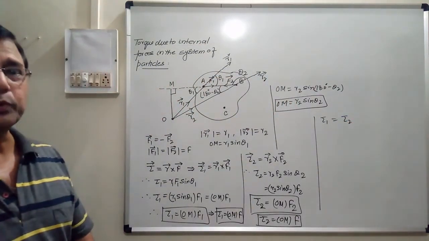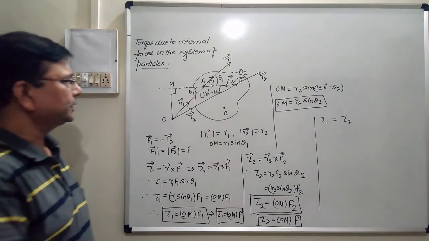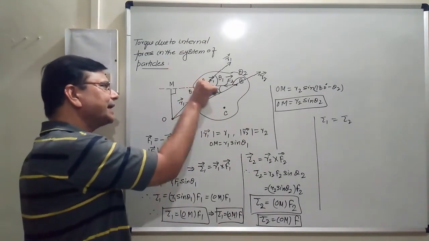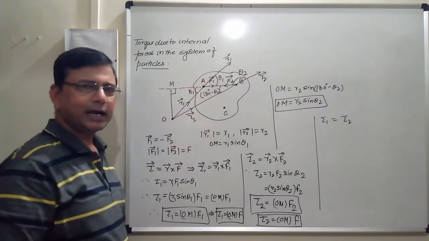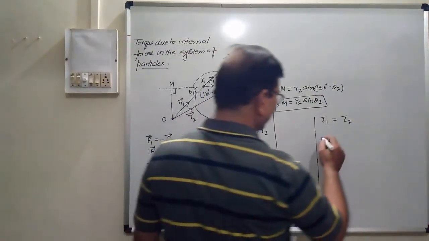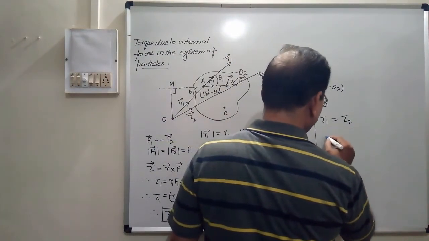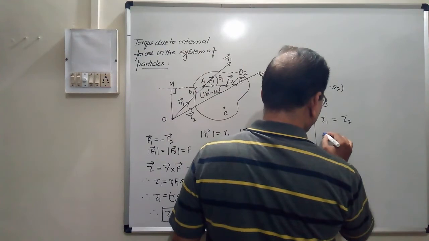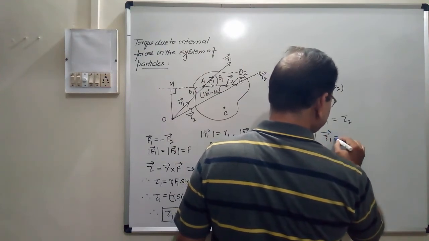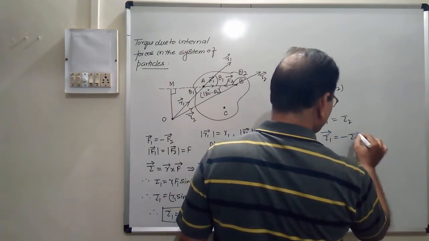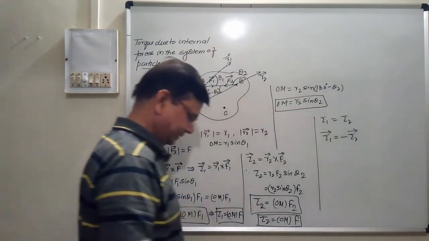But we have to take the vector sum. The direction of tau 1 is inside, direction of tau 2 is outside. Therefore, this is for magnitude, but tau 1 vector is equal to minus tau 2 vector.